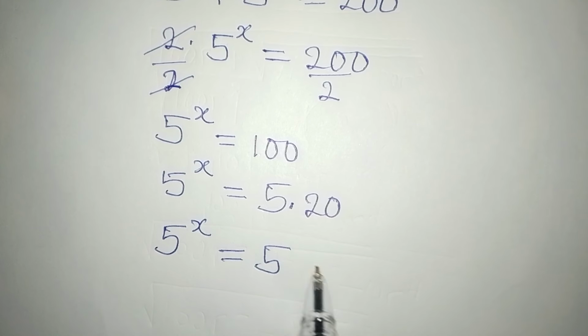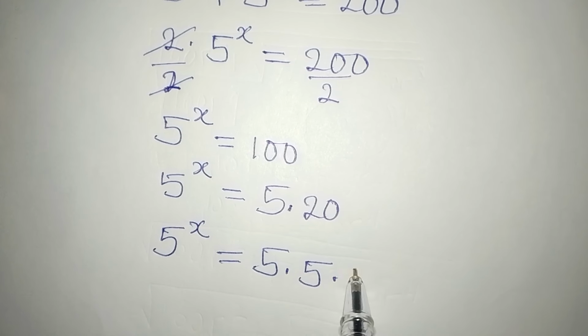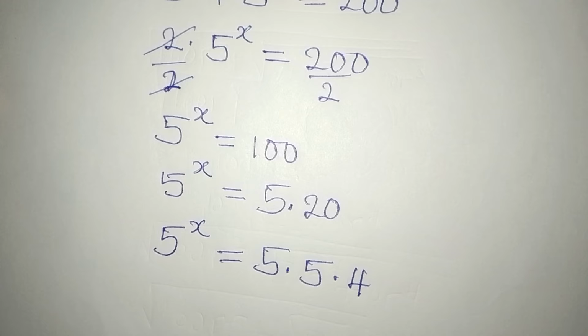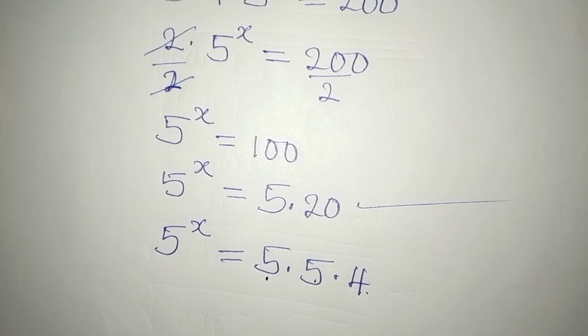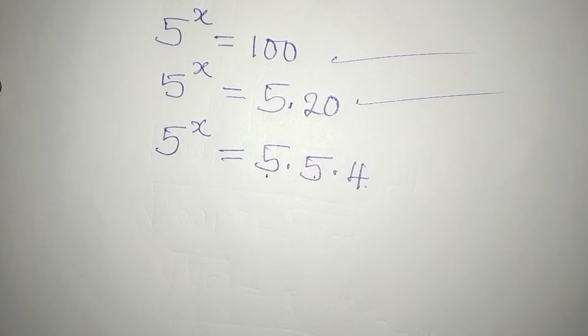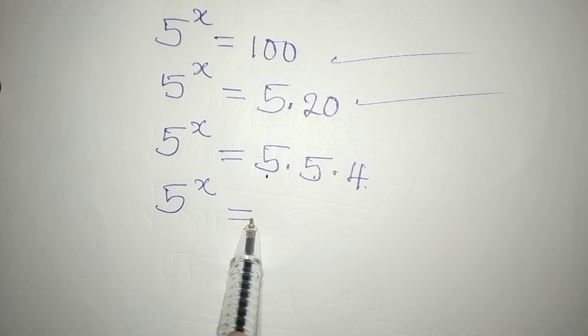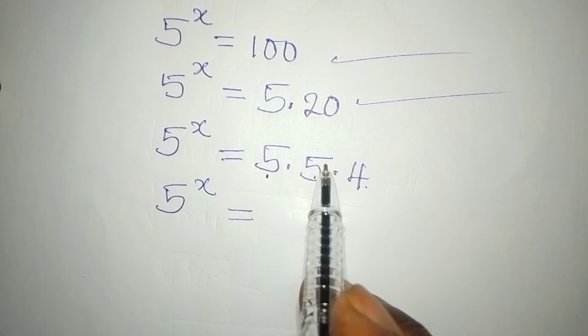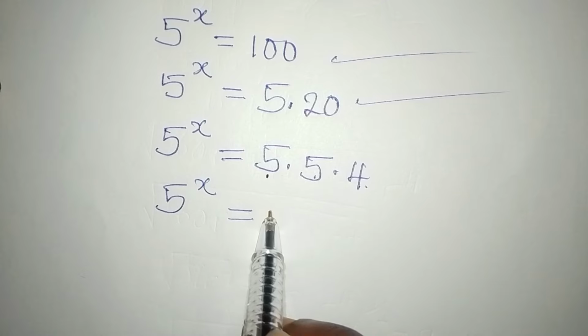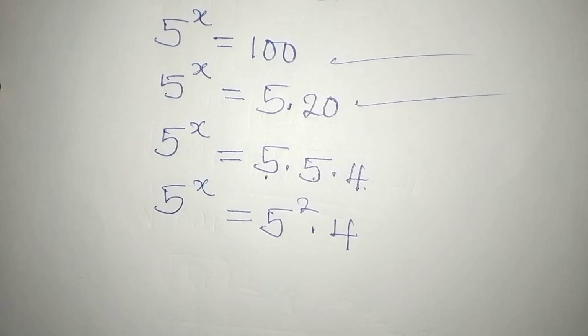This will be 5 times 5 times 4, because 20 is 5 times 4, and 5 times 5 times 20 will give us this 100. Now 5 to the power of x will be equal to 5 times 5. Let's write this in index form. That will be 5 squared times 4.